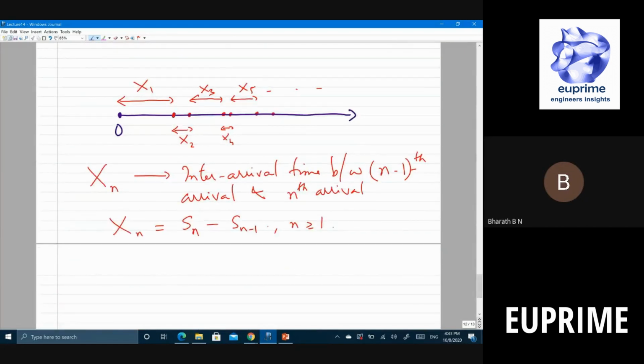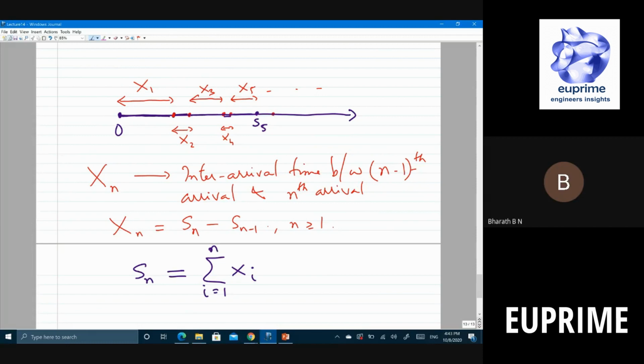Okay. On the other hand, I can also write Sn as what? Sn is the time instant at which the nth person arrived, right? So for example, this is your S5, right? S5 is nothing but X1 plus X2 plus X3 plus X4 plus X5, right? So that means if I add the Xi's, I should get Sn.